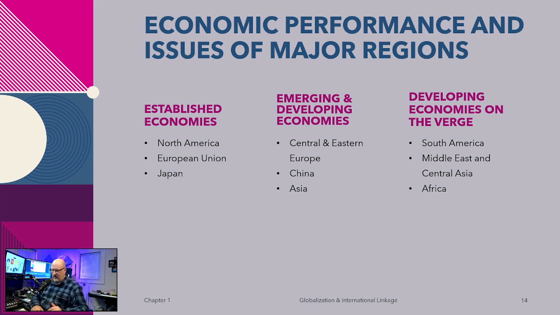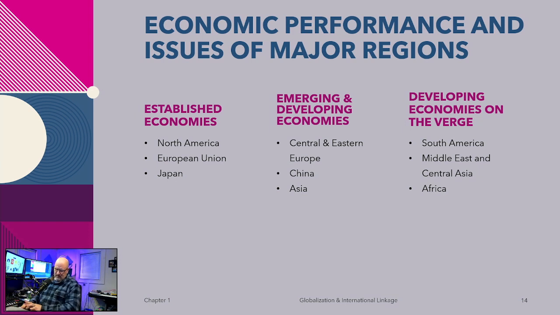And when you think about the economy around the world, there are some economic performance and issues of major regions. For example, North America, the European Union, and Japan have what's called an established economy.